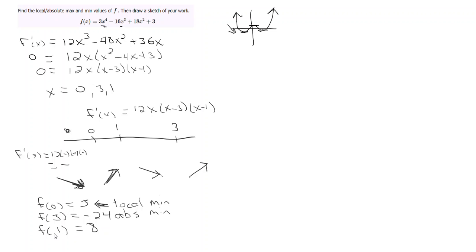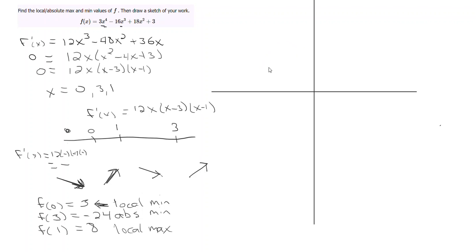Okay. And then f of 1 is equal to 8. So you can see at 1, right? That was on its way up and then back down again. So this is a maximum. But is it an absolute maximum? Well, no, because the graph goes up to infinity. So this is just going to be a local max.